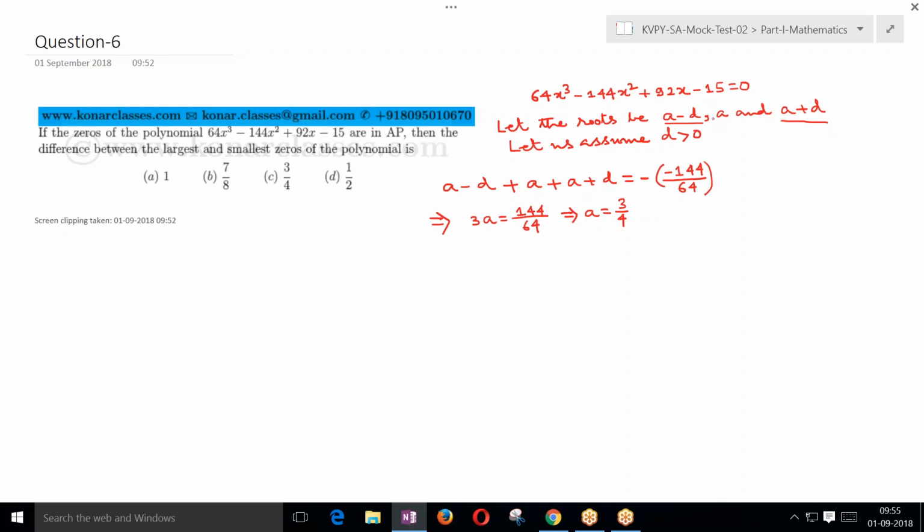We need to find 2d. We already found a. For the rest we can take the assistance of the product of the roots. So the product of the roots, a minus d into a plus d, is equal to 15 by 64.